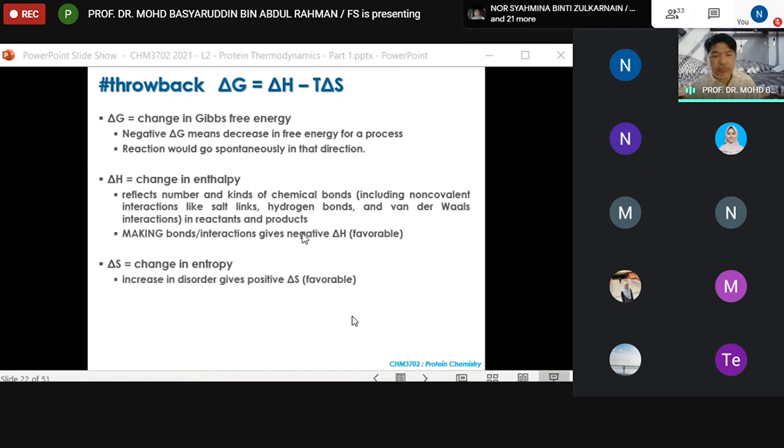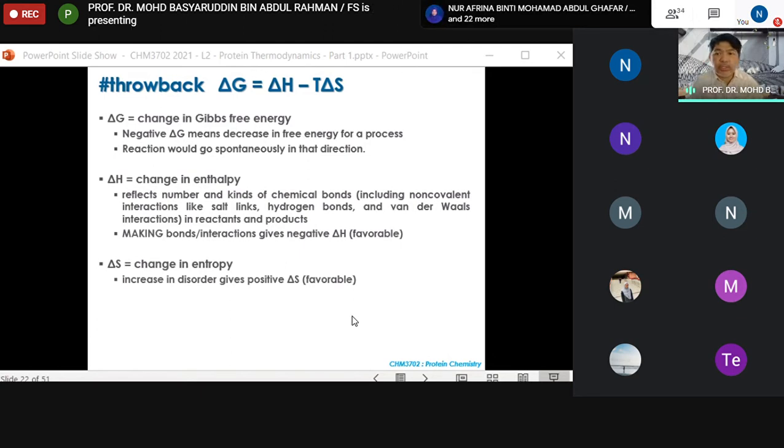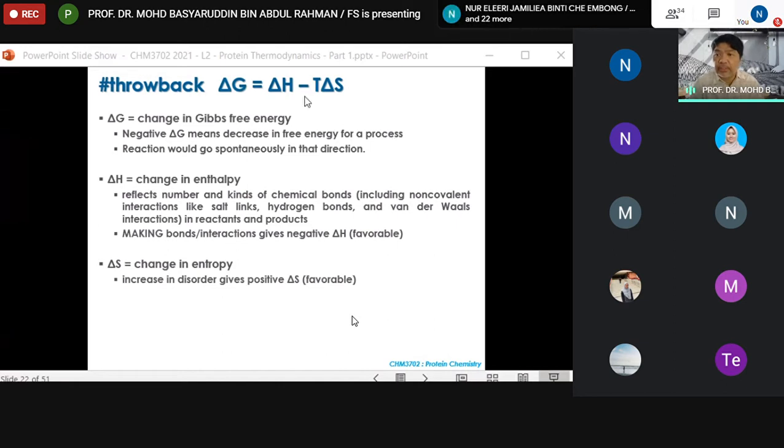And second information, the reaction would go spontaneously in that direction. But if you remember the equation, delta G is equal to delta H minus T, temperature, delta S, meaning that in order for you to get this negative value, it also relies on the other parameters.